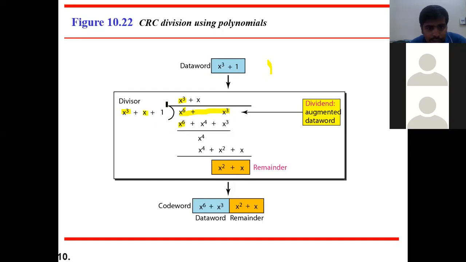Next, x into x cube is x raised to 4. Next, 1 into x cube is x cube. Then as usual, according to our CRC, the first term has to be neglected because it has been struck out. One bit has to be neglected always. Next, only x4 remains the same. Then x cube is also struck out.